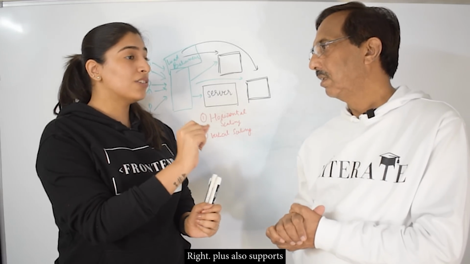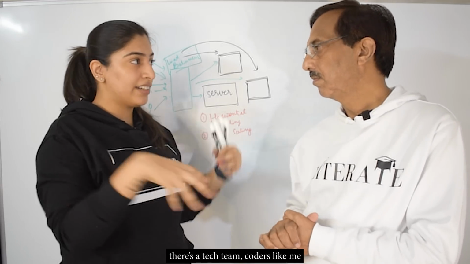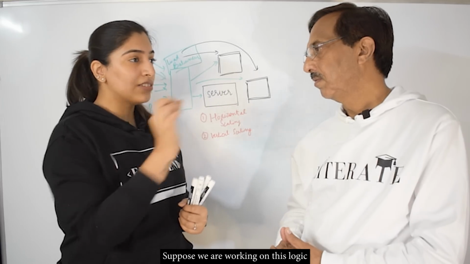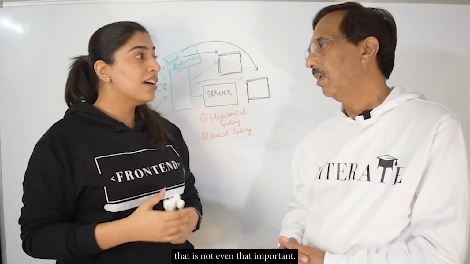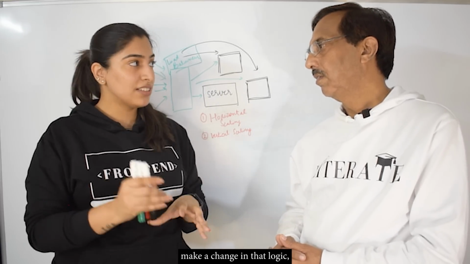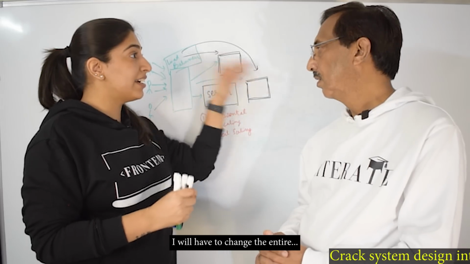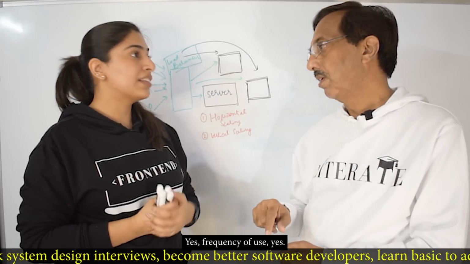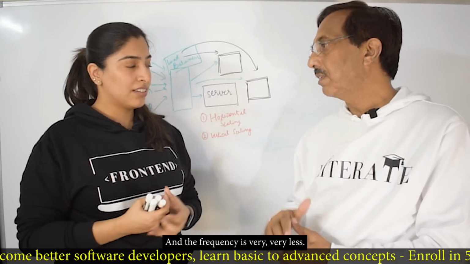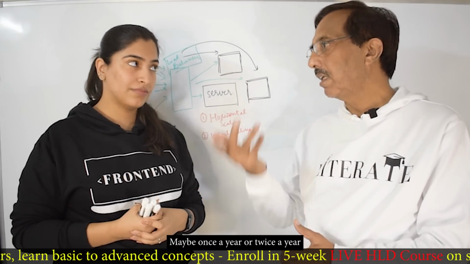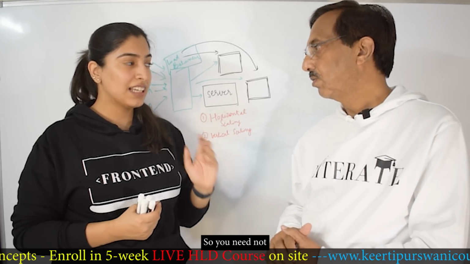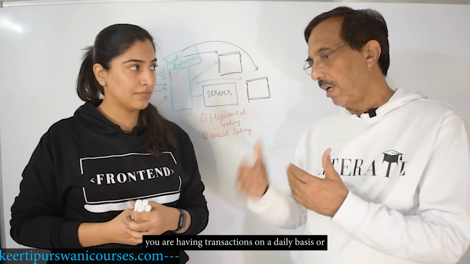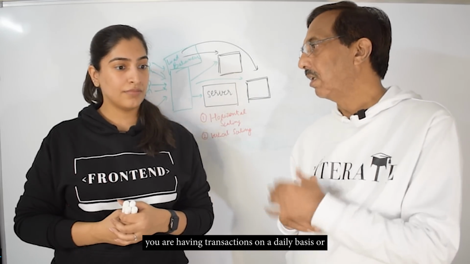Plus, suppose there's a tech team, coders like me, working on the logic that is not even that important. Every time I have to make a change in that logic, I will have to change the entire thing. It is not only the importance, it is the frequency of use. Yes, frequency of use. And the frequency is very, very low, maybe once a year, twice a year. Very good. So you need not have it on the system where you are having transactions on a daily or hourly basis.